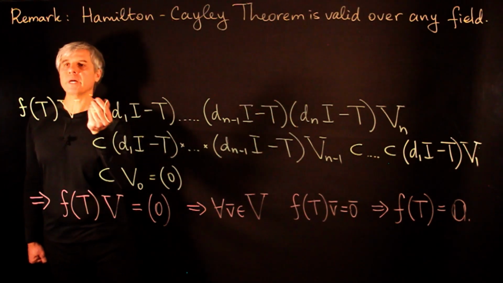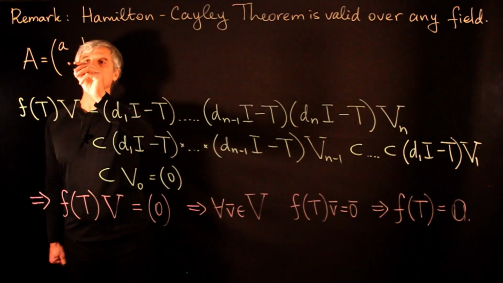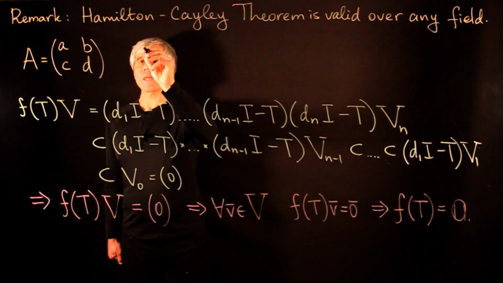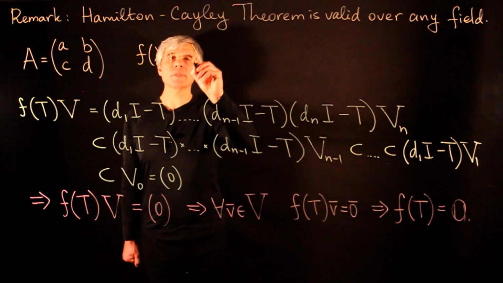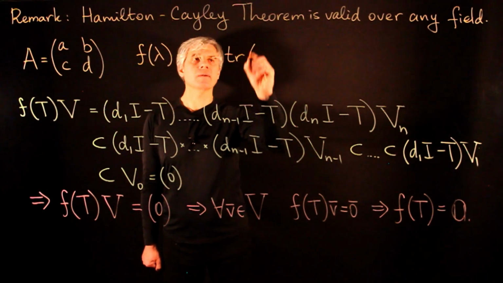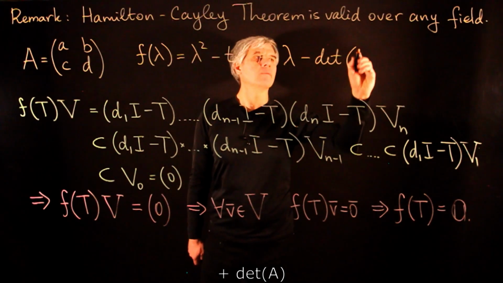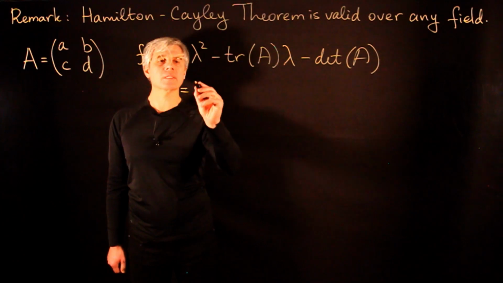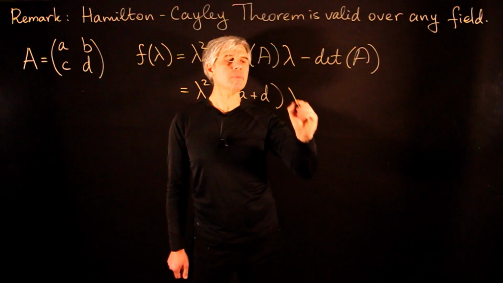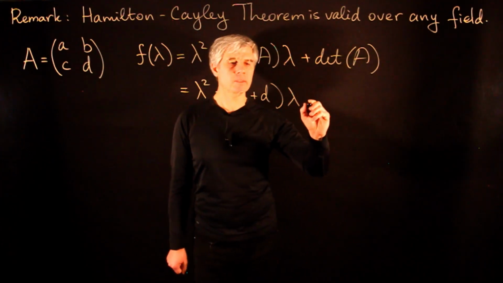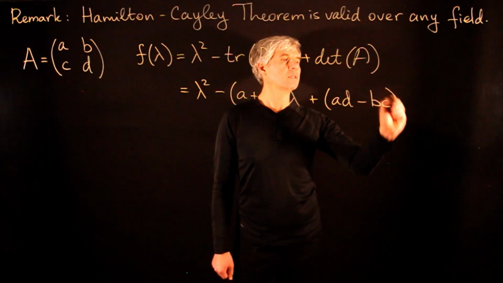So let us look at the 2 by 2 case. So let's take a generic matrix A, B, C, D. Then the characteristic polynomial f of lambda is equal to lambda squared minus trace of A times lambda plus determinant of A, which is lambda squared minus (a plus d) times lambda, plus ad minus bc.